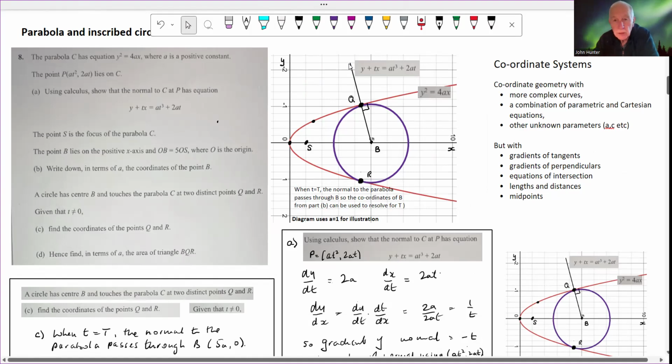The other thing is spotting this trick that the normal will go through this point B for which we know the coordinates. So anyway, that's it. I hope you find that useful, and I'll see you in the next video.